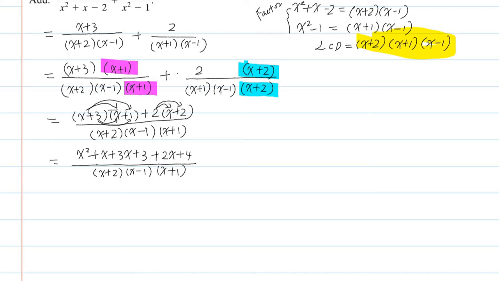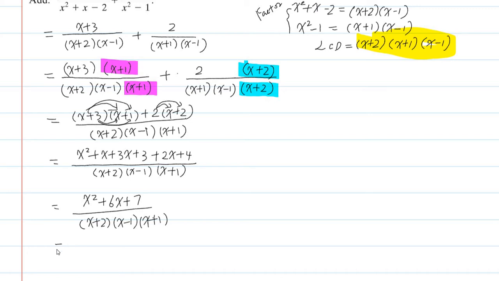Now we just have to collect the like terms. So we have x squared, then 1x, 3x, and then 2x. That gives you plus 6x, then plus 7. Again, the denominator doesn't change, so we'll just write the denominator that way.